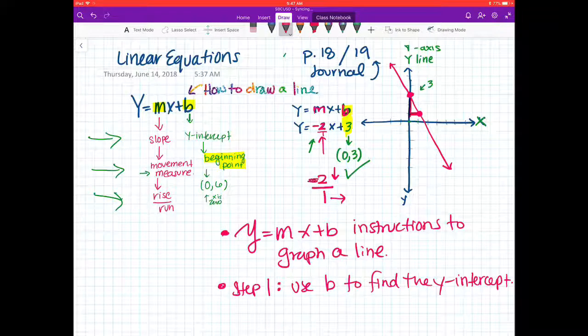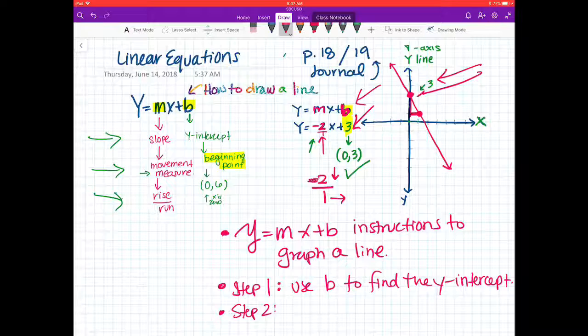Remember, this is B over here. What was our B in our equation? 3. So then you go to the y line to find the first point. Then step 2, from the first point, you start to move.